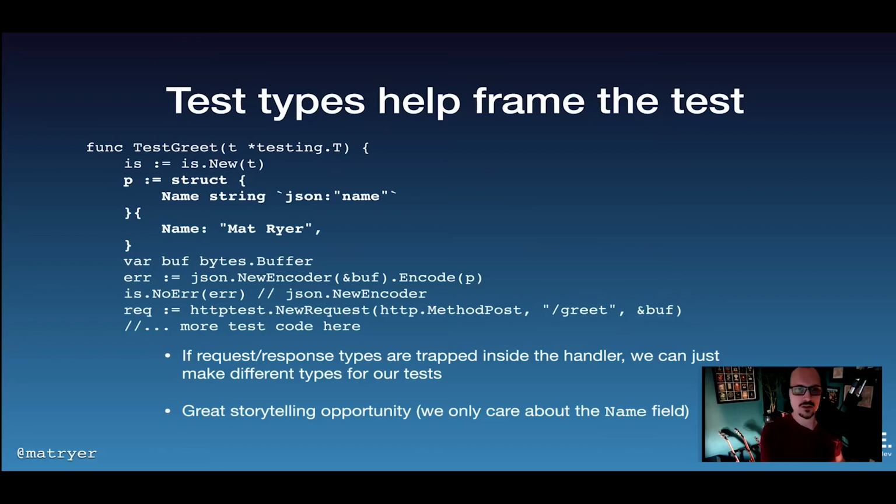And so you can create an anonymous struct, immediately instantiate it, write that to a buffer with JSON, if you like, and then make a request with it. And it's clear that then this greet endpoint is only interested in the name. It's not interested in anything else.